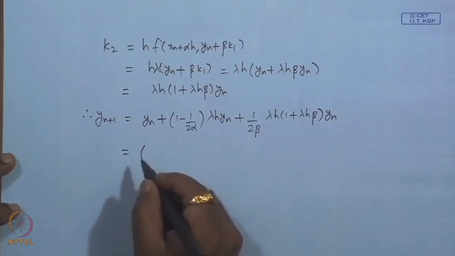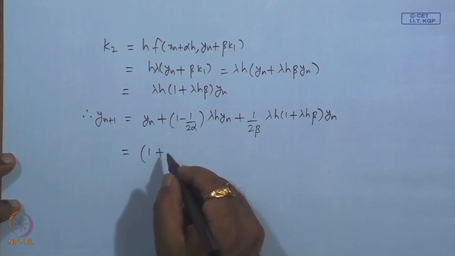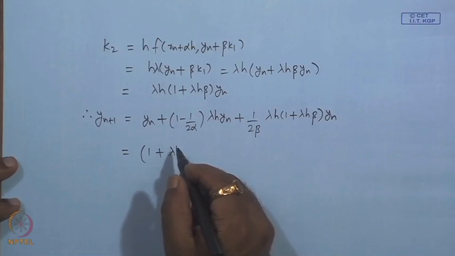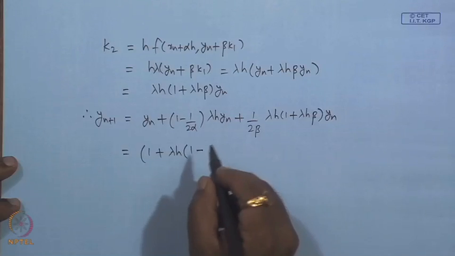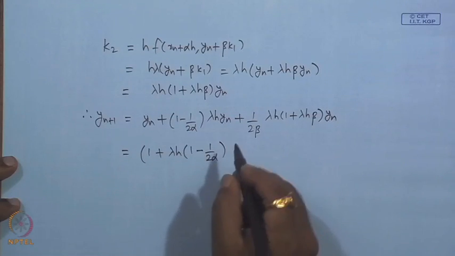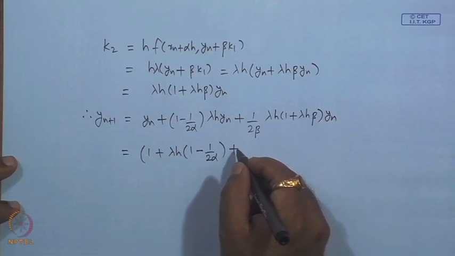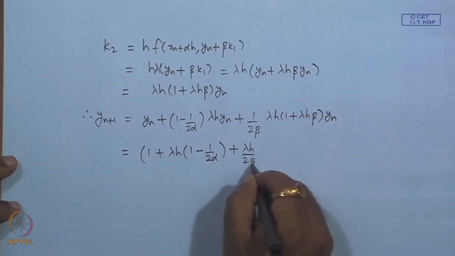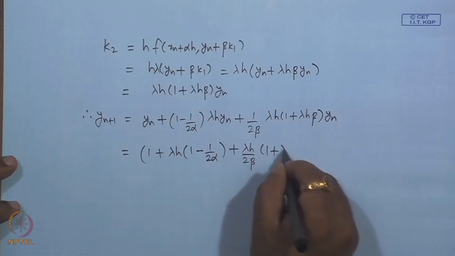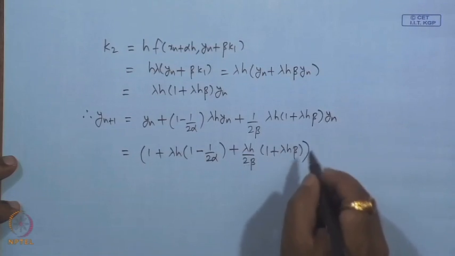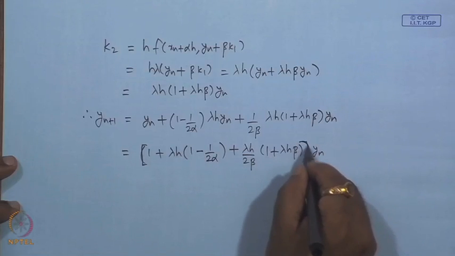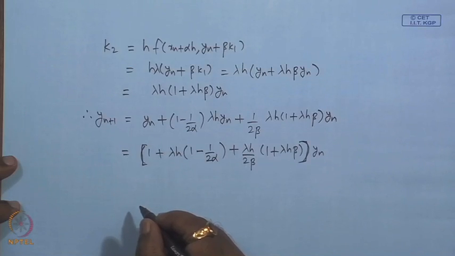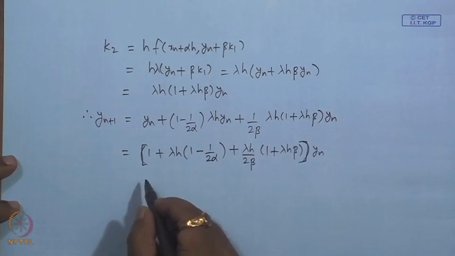So, this can be written as 1 plus lambda h, we take common, okay, 1 minus plus lambda h by 2 beta, 1 plus lambda h beta. Okay. Yes, this is right. Okay.